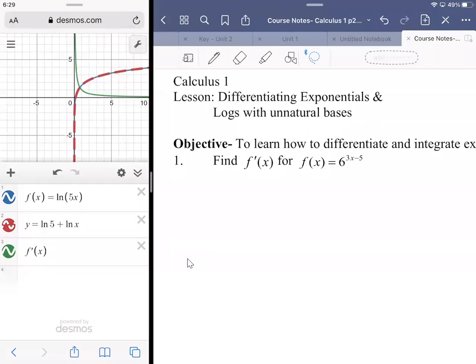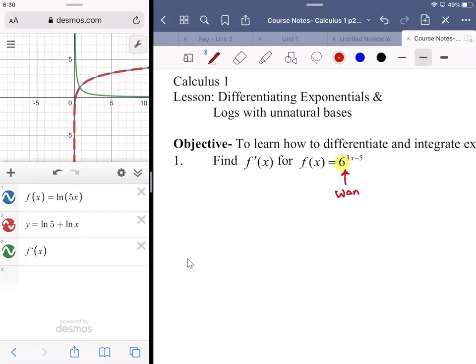If this were an e raised to the 3x minus 5, we'd be in good shape. It's not, so we are not yet in good shape. So what I'm going to say is, it would be great, we would prefer this 6 to be an e.